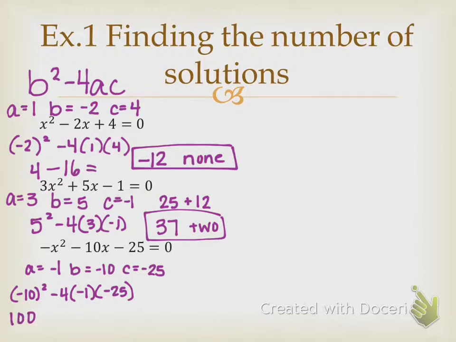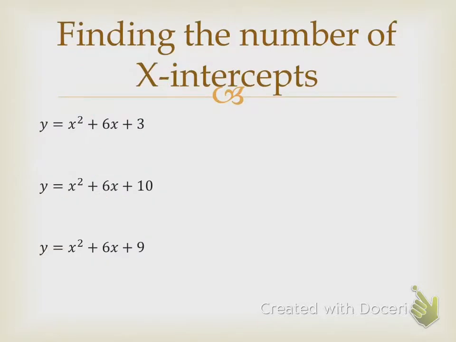Very good. -4 times -1 is 4 times -25 is -100. Very good. I have a subtraction problem because there are 3 negatives. 4 times 1 is 4 times 25 is 100. 100 minus 100 is? 0. So how many solutions will I have? 1. Okay. All right. Do these on your own.